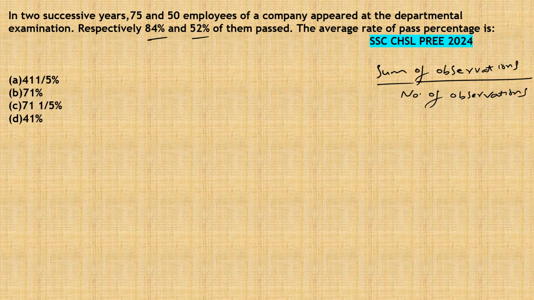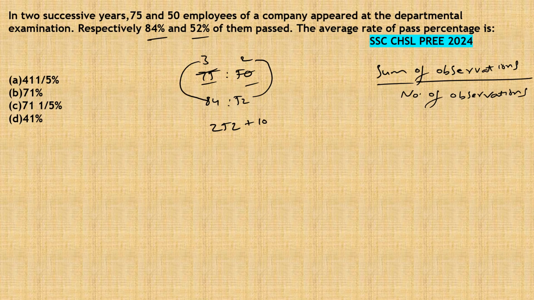The employees are 75 and 50 and their passing percentages are 84 and 52. As we are finding the average, it does not depend upon the number of persons, it depends upon the ratio. So we can cancel out: 25 2s are 50, 25 3s are 75, that is 3:2. The sum of observations is 84 into 3, that is 252, plus 52 into 2, that is 104.